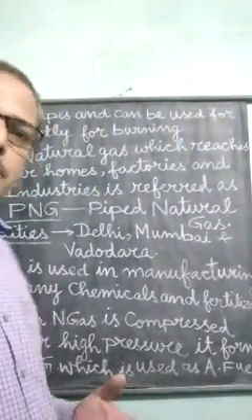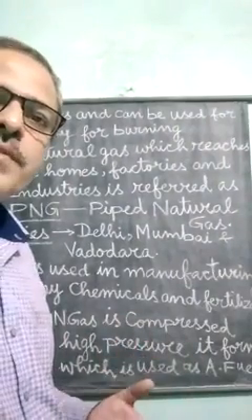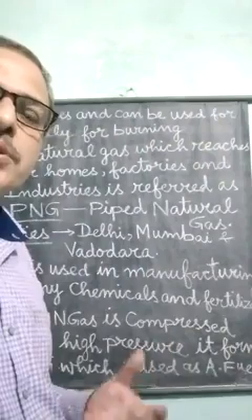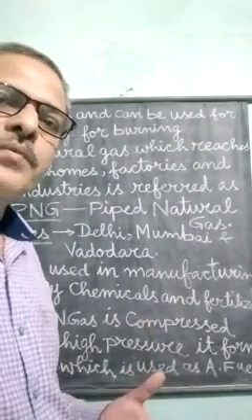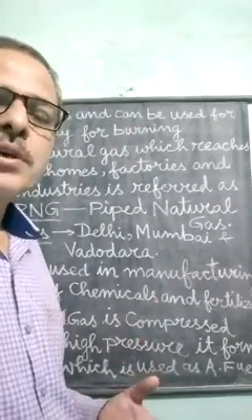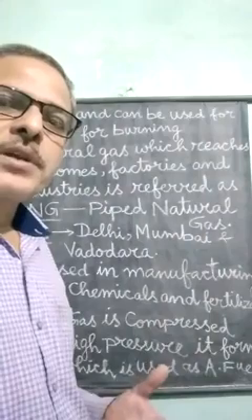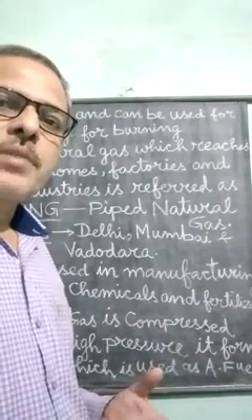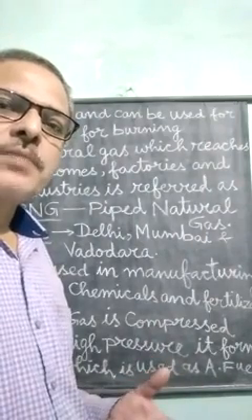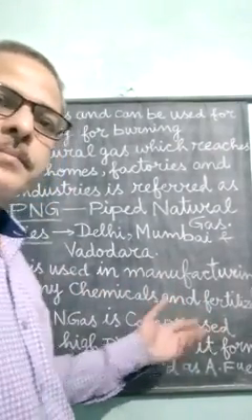So this is one more use of this natural gas. Besides being used as a domestic fuel and in various industries and factories for various purposes, this natural gas is also playing a very important role, acting as a raw material in the manufacturing of many types of chemicals and fertilizers.